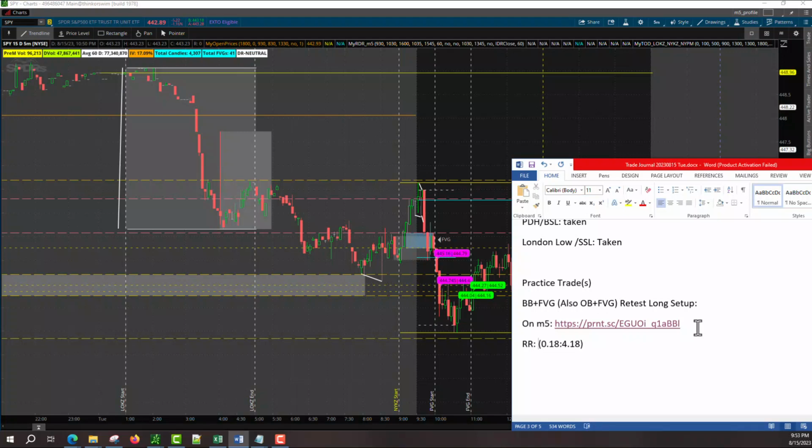We'll get there. We will get there. We recognize the setup right now after it forms, but our goal is to recognize it as it's forming in real time, or even better, at the next level, to recognize it before it forms. That's the beauty right there.